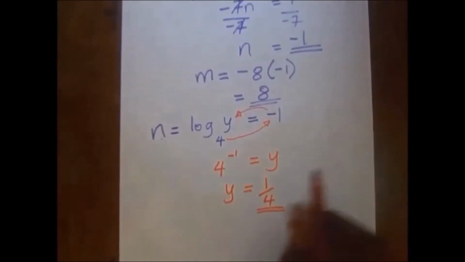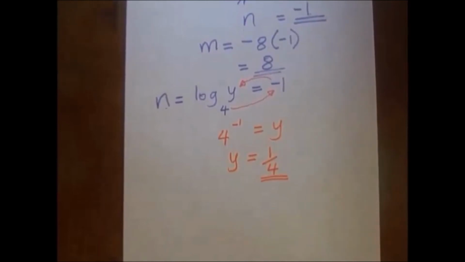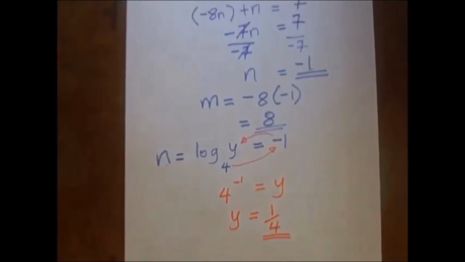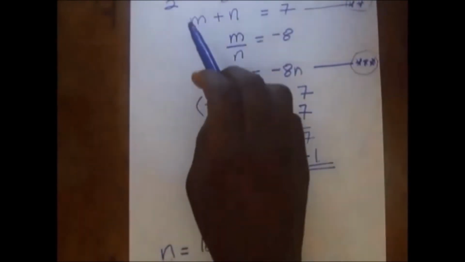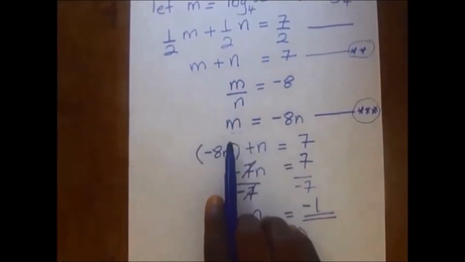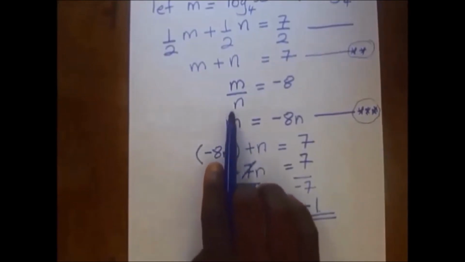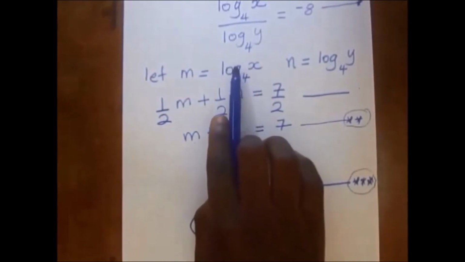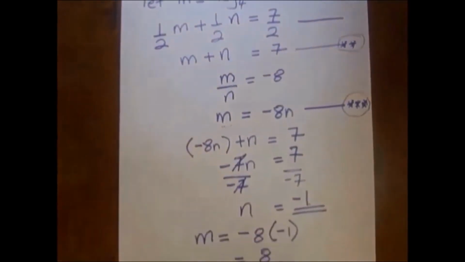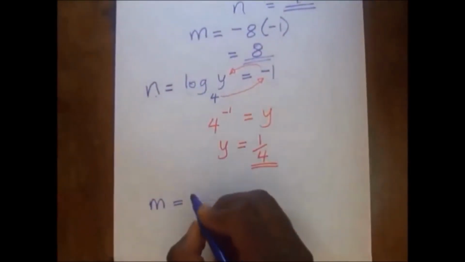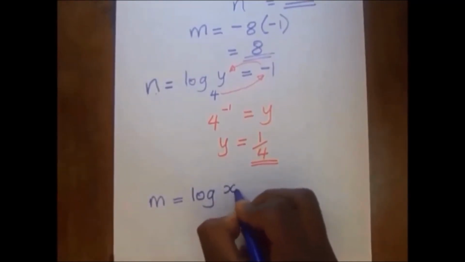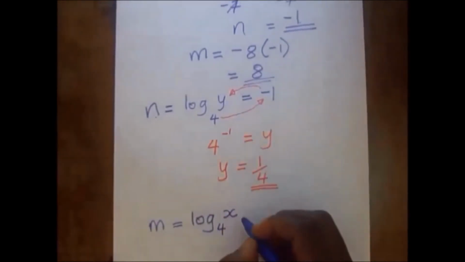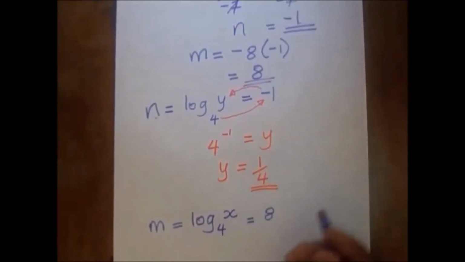So what about our value of x? We know that our value of m, according to our previous steps, is equal to the logarithm of x to the base 4. So it is what we shall be filling here. M is going to be the logarithm of x base 4. But we know that this value of m, we got 8. So this is equivalent to 8.